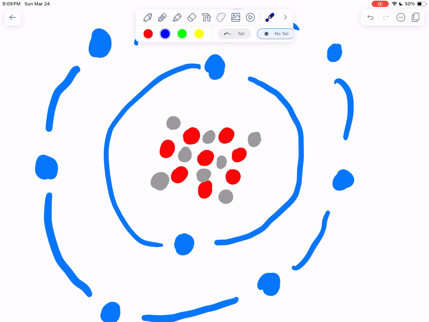So theoretically, these would want to repel away from each other constantly. And it's the strong nuclear force that holds protons to neutrons that keeps it together. So when we get to bigger atoms that have more protons, we need more and more neutrons so that the strong force is stronger than the electromagnetic force trying to repel the protons from each other.